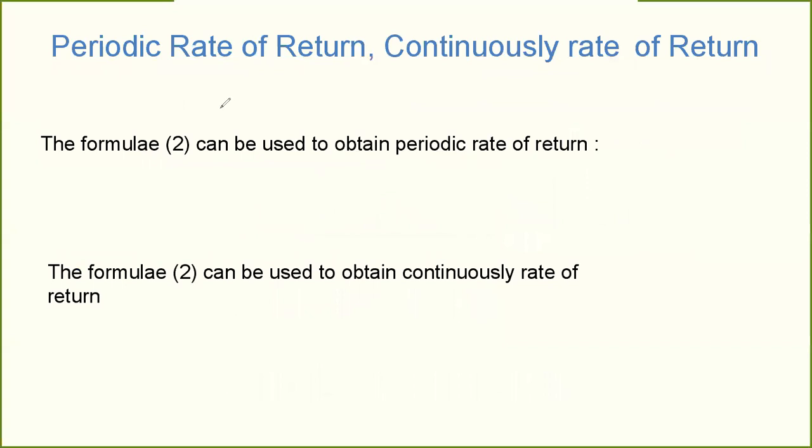Formula 2, with reinvestment, is R little equals Vt divided by V0 in brackets to the power 1/t minus 1.